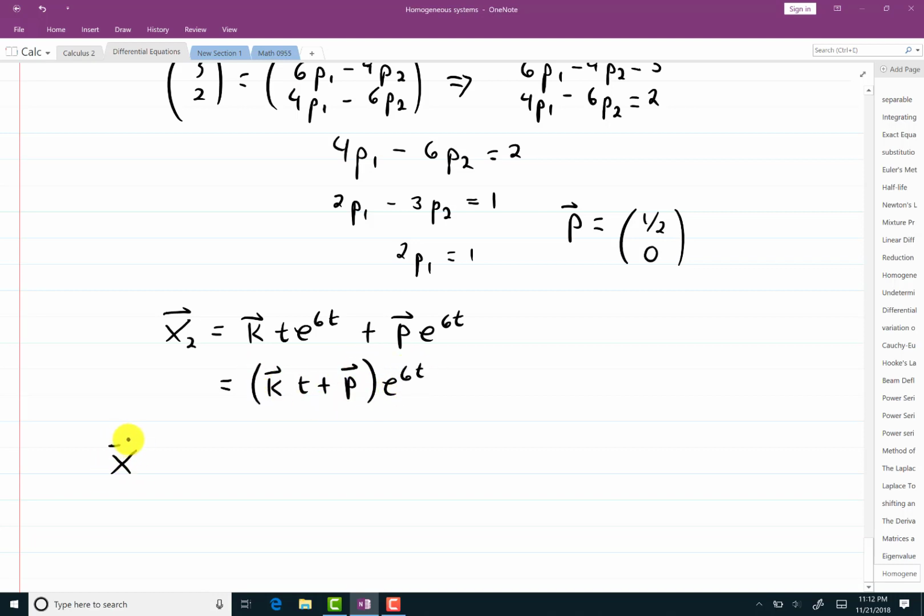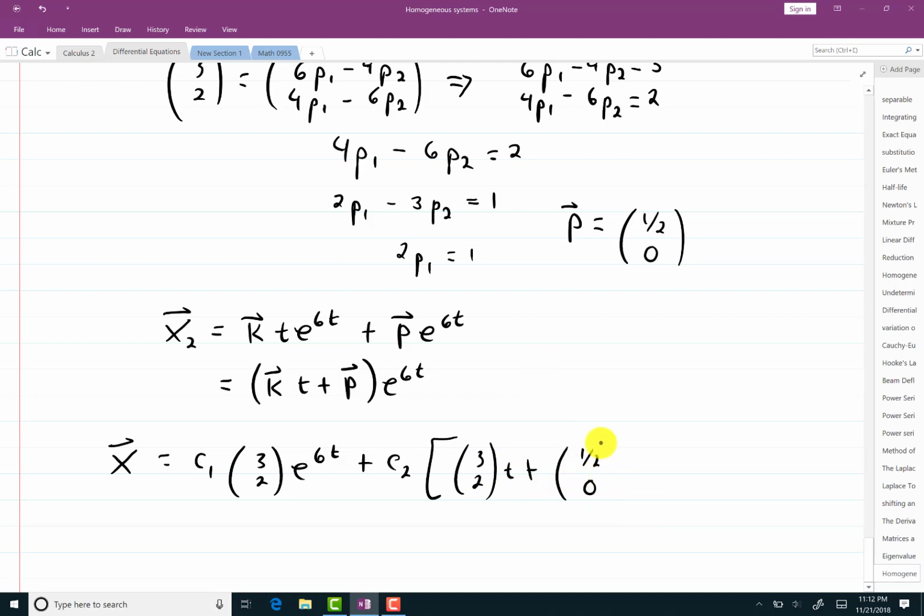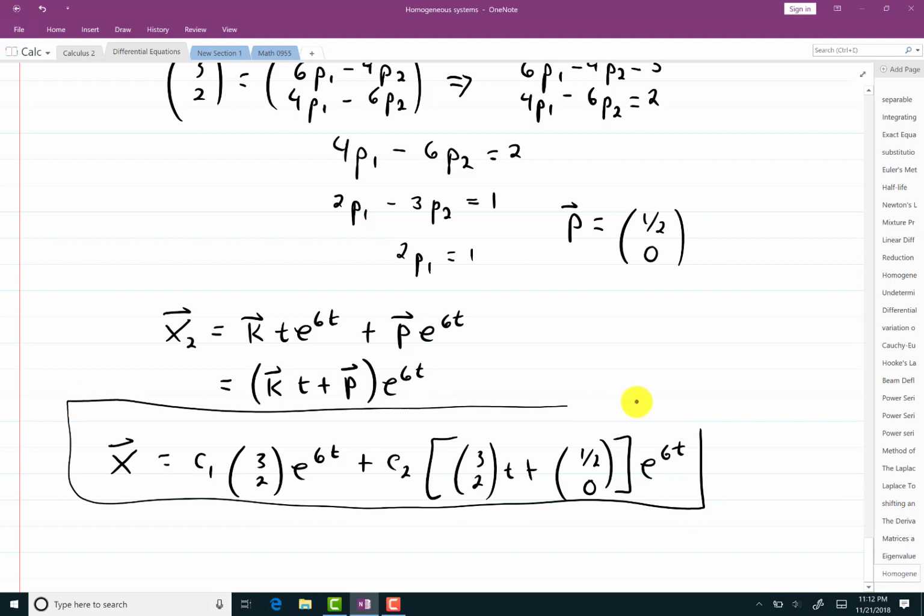Our solution then, the entire solution, we already had the first part, but then our second constant will be attached to this stuff. K was (3, 2) times t plus my p was (1/2, 0), times e to the 6t. So you can see it's kind of like our regular repeated roots, except not quite. There's a little bit extra going on here.